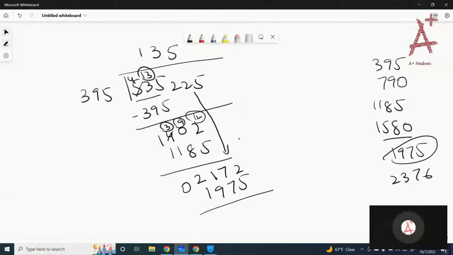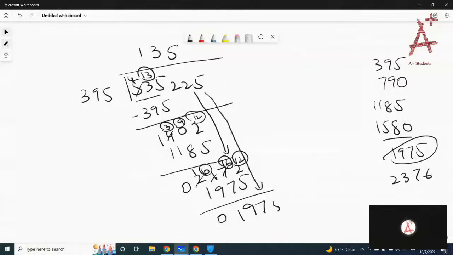We cannot subtract 2 out of 5, so we have to borrow 1. It would be then 12. Here you have 6. 12 subtract 5 is 7. We cannot subtract 6 out of 7, so you have to borrow 1. It would be now 16. 16 subtract 7 is 9. And we cannot subtract 0 out of 9, so you have to borrow 1. It would be now 10. 10 subtract 9 is 1, and 1 subtract 1 is 0. You have a digit to bring down, that would be 5.